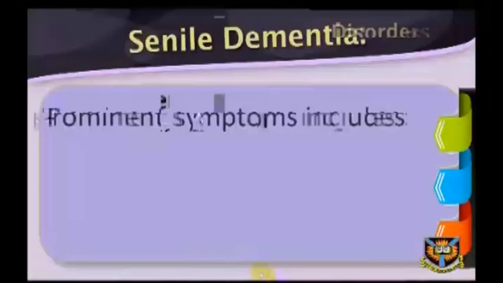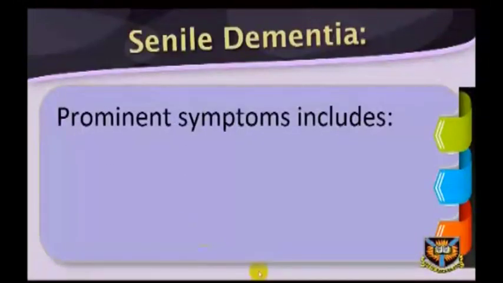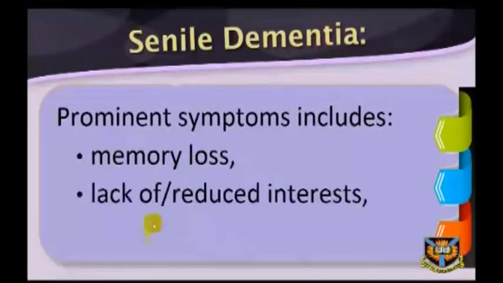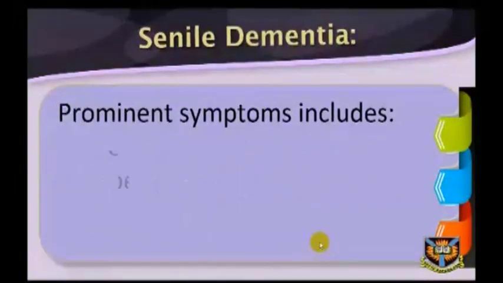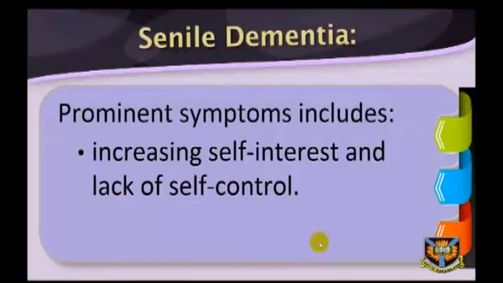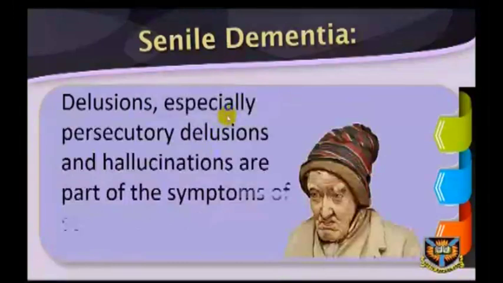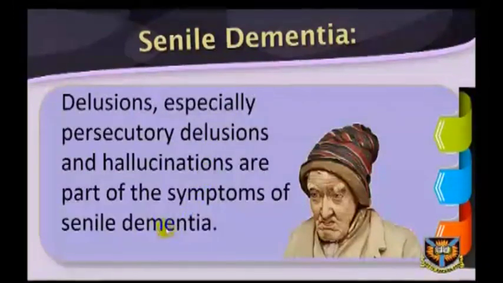Prominent symptoms of senile dementia include memory loss, lack of or reduced interest, and preoccupations with experiences of long periods of time, increasing self-interest and lack of self-control. Delusions, especially persecutory delusions and hallucinations, are part of the symptoms of senile dementia.